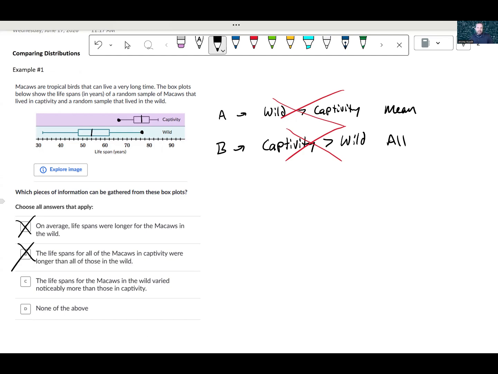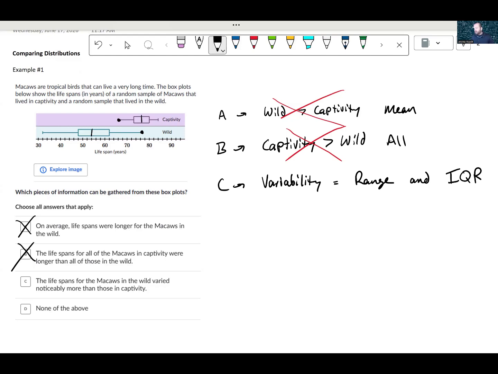For letter C, it says the lifespans for the macaws in the wild varied more noticeably than those in captivity. So when we're talking about variability, this has to do with the range and the interquartile range. So when we're thinking about variability, we have to assess both of those.